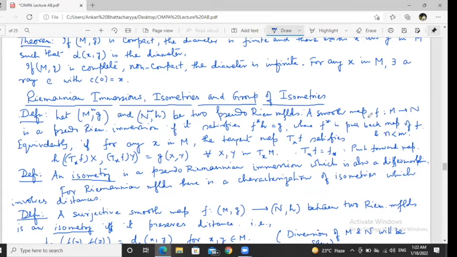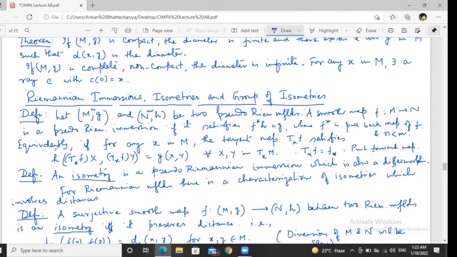A smooth map F from M to N is a pseudo-Riemannian immersion if it satisfies F*h equal to g. So the pullback concept is here: F*h equal to g, where F* is the pullback map, and the dimension of M is less than n.